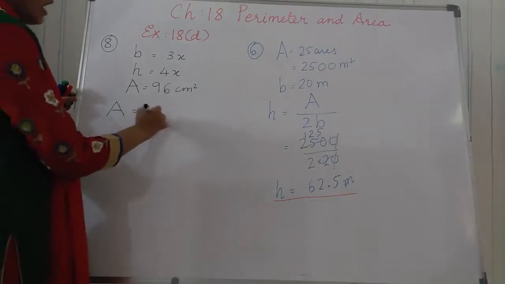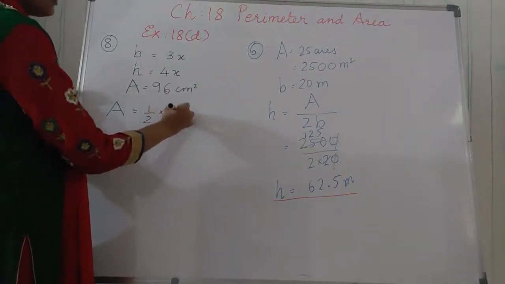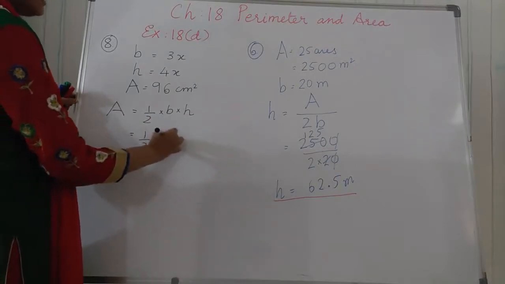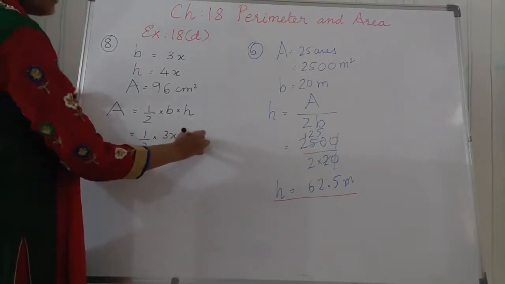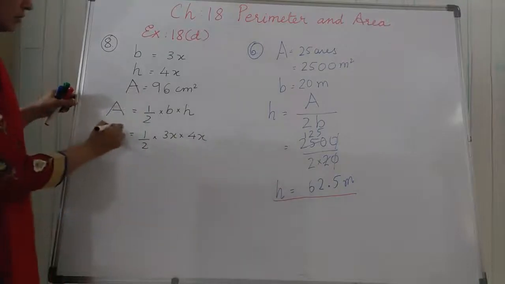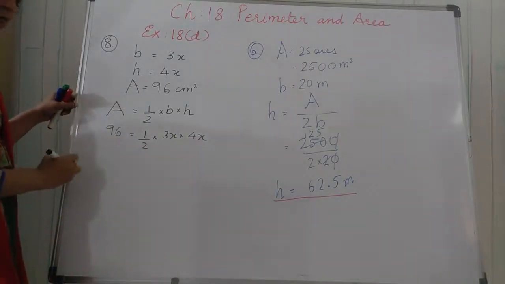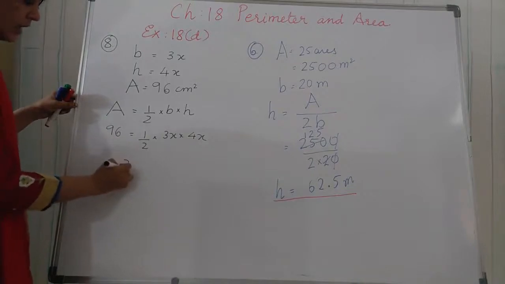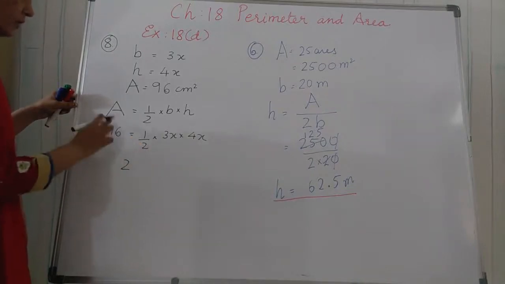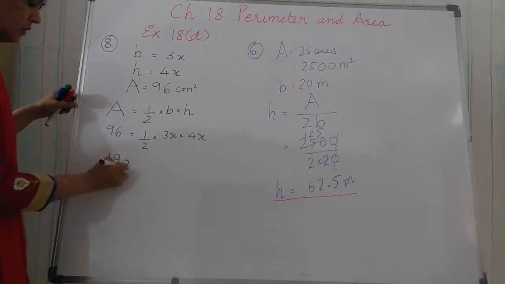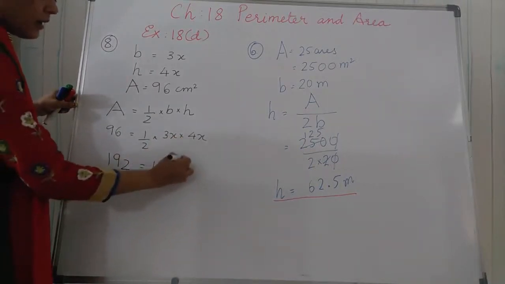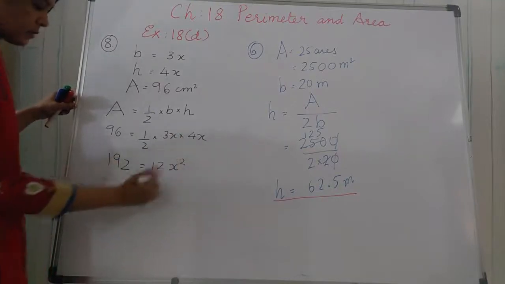Area is equal to half base into height, is equal to half. Base is 3x and height is 4x. Area is also known to you, 96. Now first of all I take this in multiplication. So I get 6 2s are 12, 192, and here 4 3s are 12x square. x multiply x, x square.